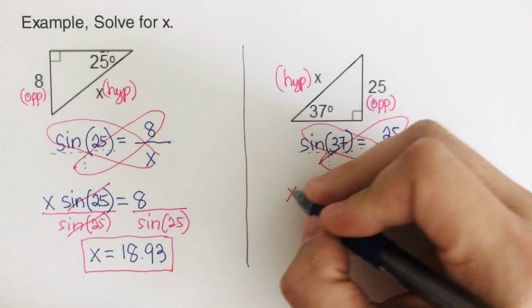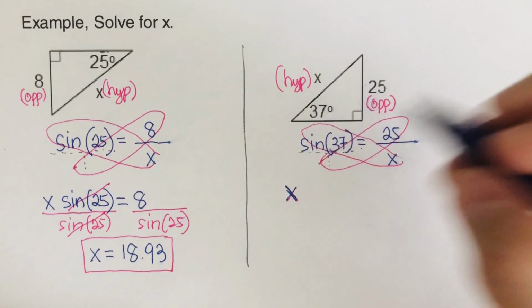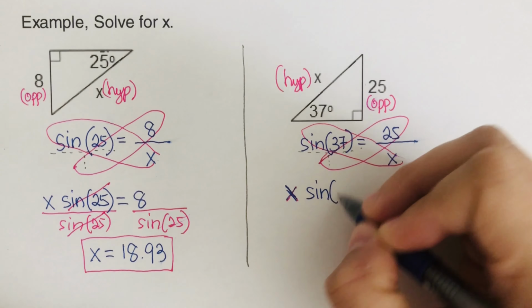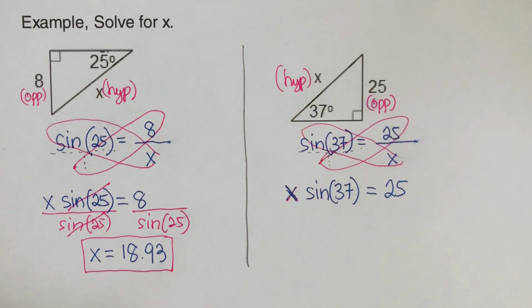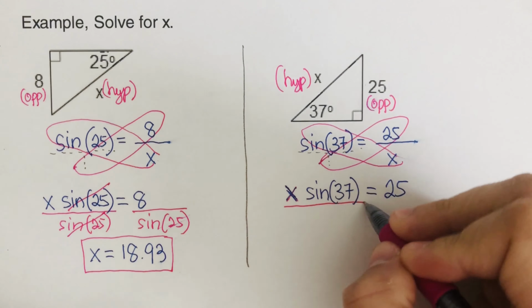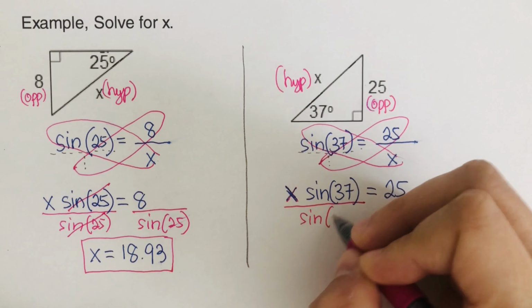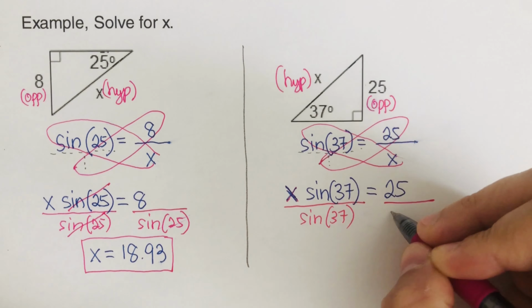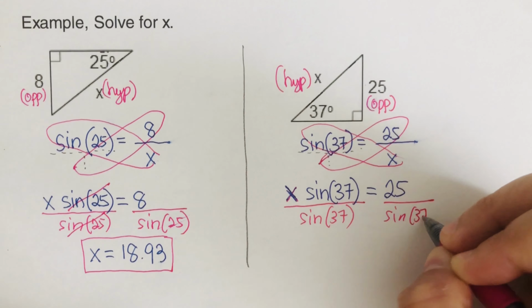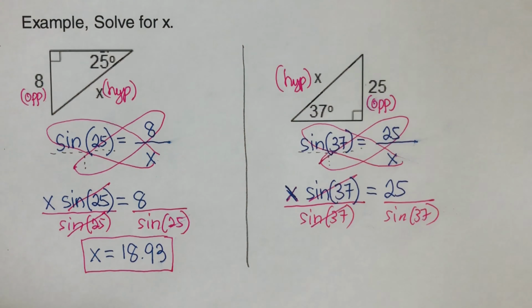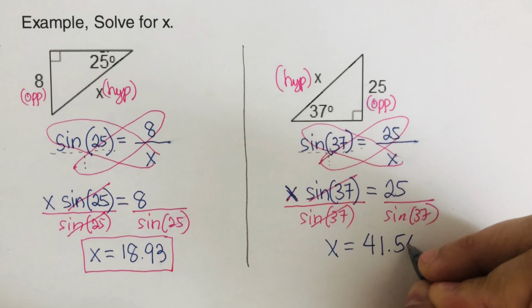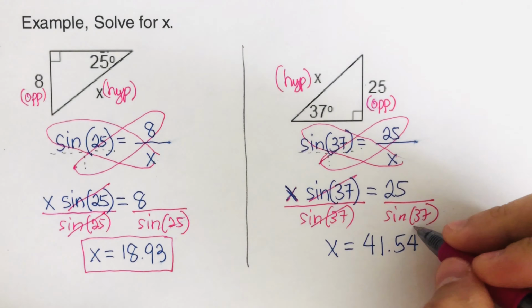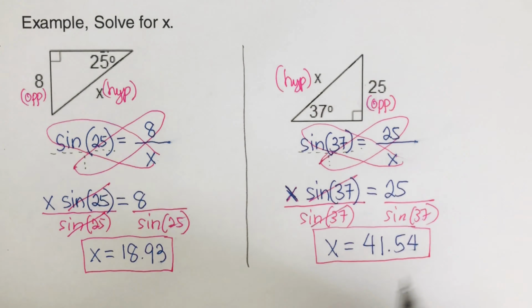So I'm going to use a different color of pen for that. So that's x sine 37 is equal to 1 times 25, which is just 25. We divide both sides because we want the x by itself. So we're going to divide both sides by sine 37, so we can cross this out. If we use the calculator, the answer should be 41.54. Did you get 41.54 as your answer?